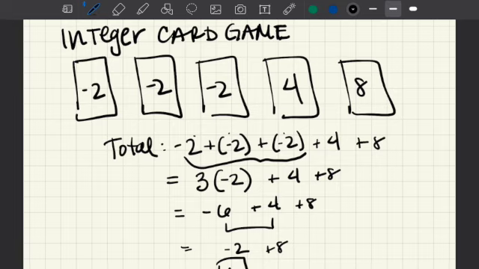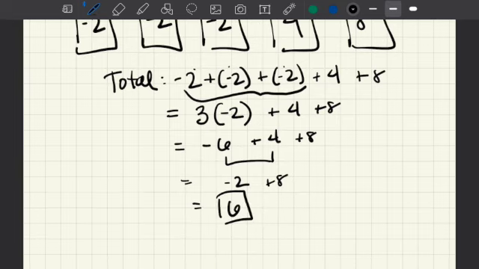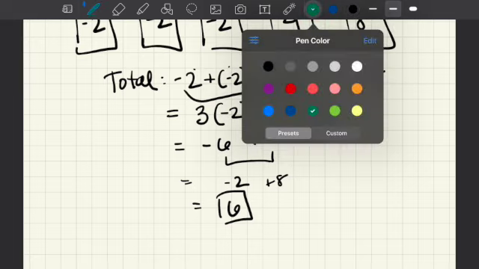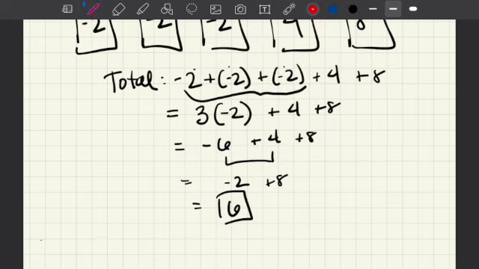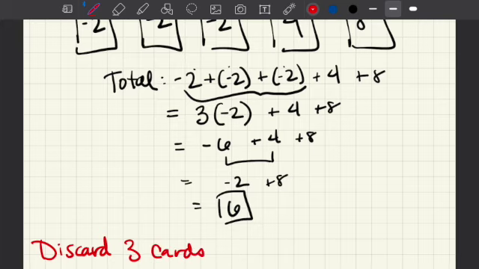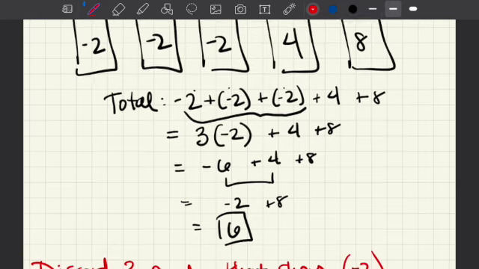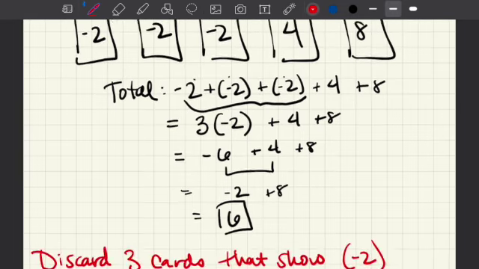Okay, so now what you're gonna do is you're going to discard, or get rid of, 3 cards that show -2. So you have 3 cards in your hand that show -2.